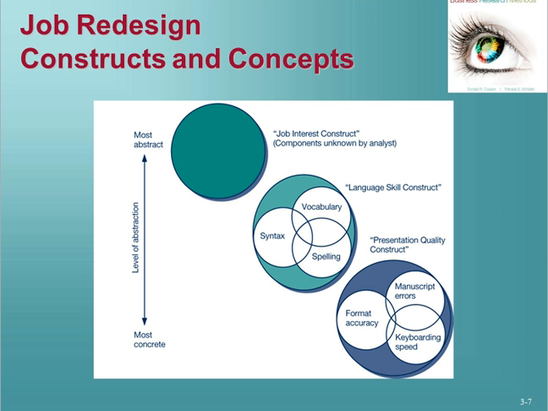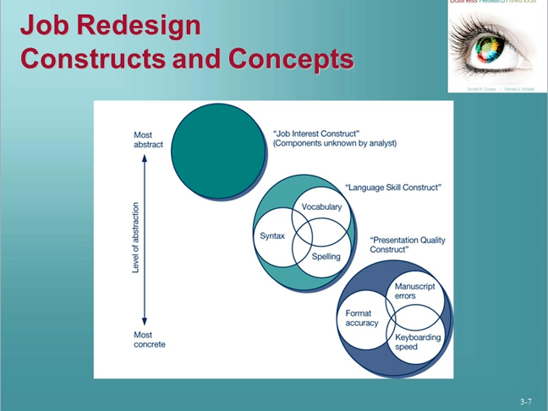Concepts at the next level are vocabulary, syntax, and spelling. As they are related, the analyst groups them into a construct she calls language skill. Language skill is placed at a higher level of abstraction in the exhibit because two of the concepts that comprise it, vocabulary and syntax, are more difficult to observe and measure.